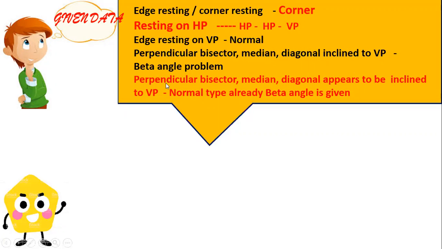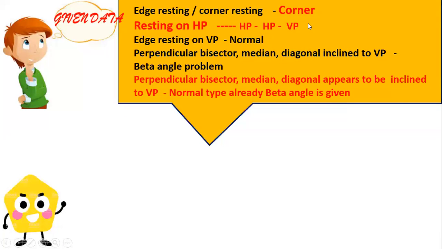Or sometimes the problem says a perpendicular bisector or a median or a diagonal appears to be inclined to VP or HP, then the beta angle is already given. We should transfer the measurement from the second position to the third position because the beta angle is already given in the problem.